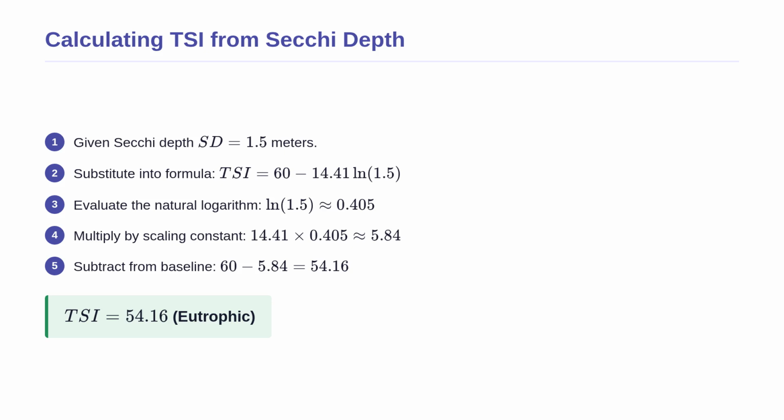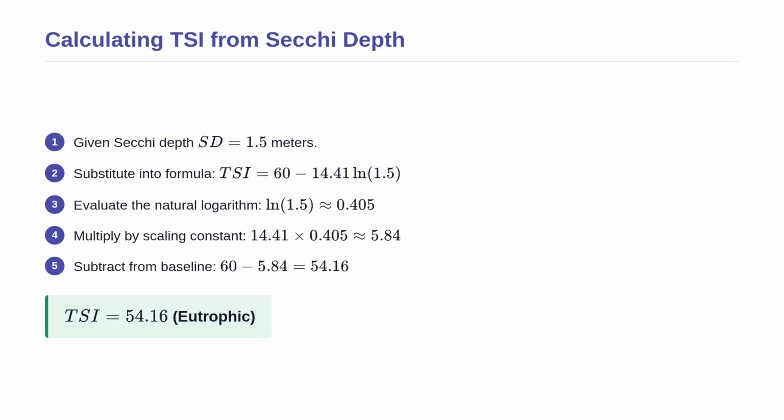Let us apply this new formula to a field measurement. A lake manager lowers a Secchi disc and finds it disappears at a depth of 1.5 meters. We want to calculate the trophic state index. First, we substitute 1.5 directly into the equation for SD, ensuring it is in meters.